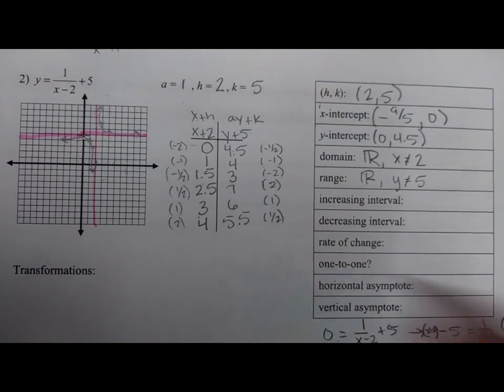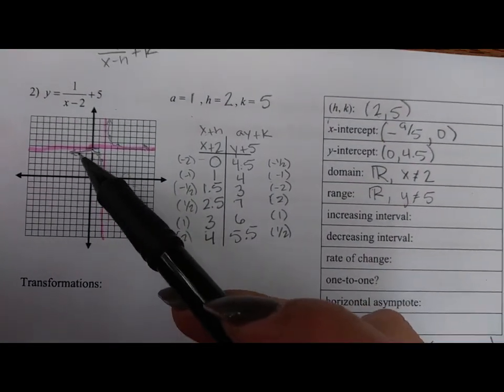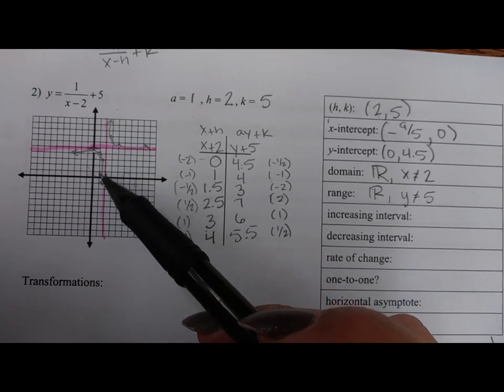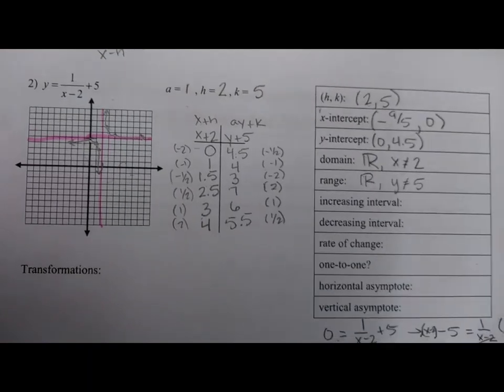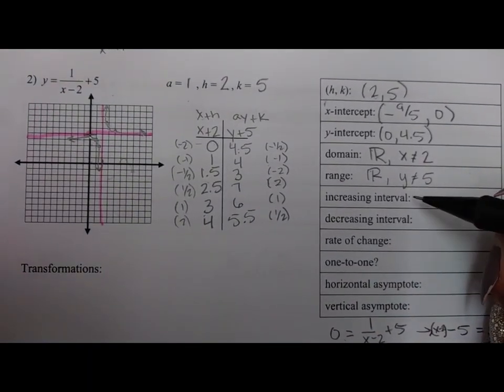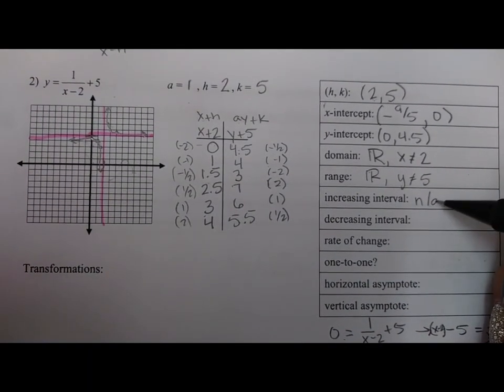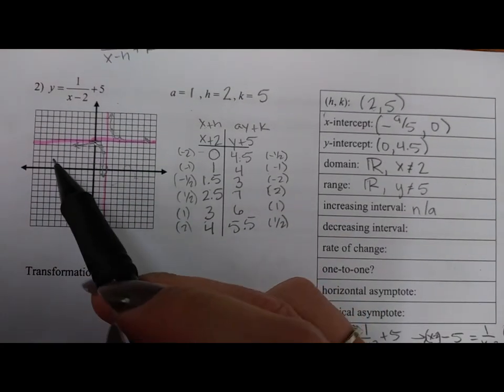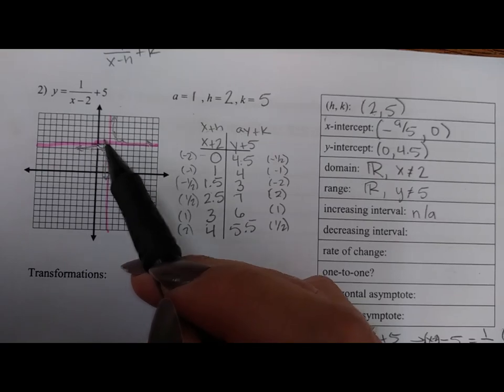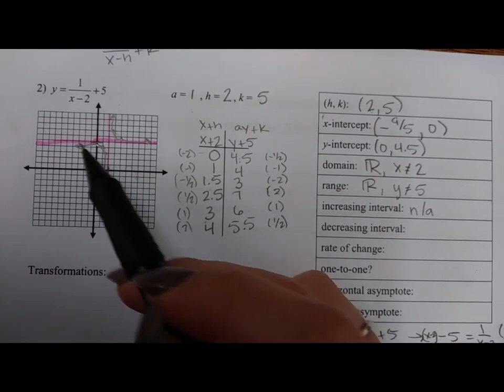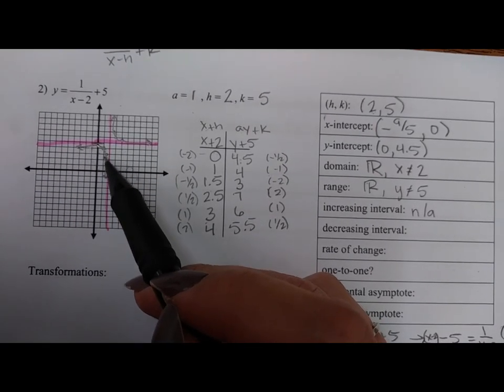Now here we are not increasing. We are swinging down here, and continuing to decrease. So we are not increasing. Remember that left to right. As we come from the left towards the right, we approach this asymptote and it curves downward.